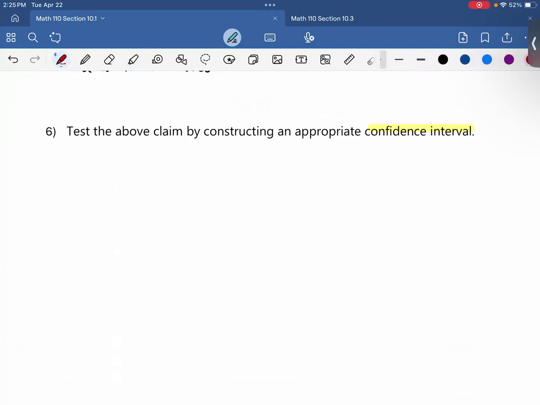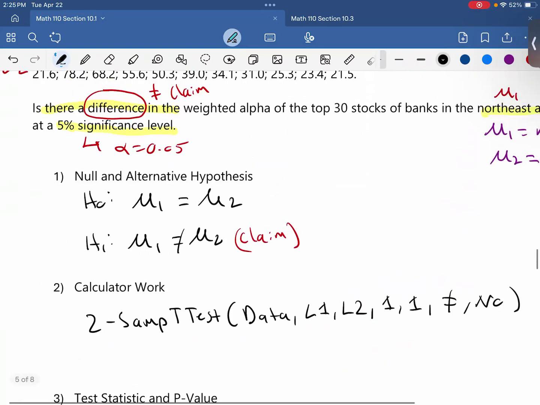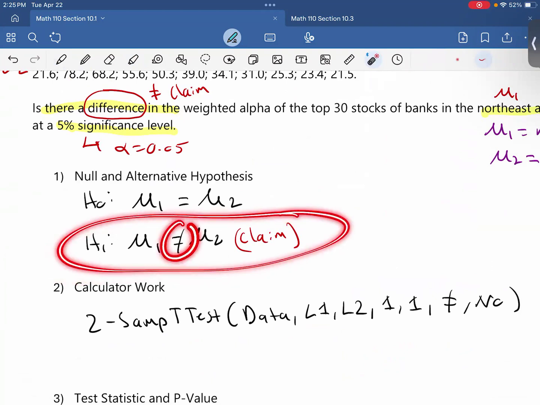So let's go ahead and write that out. So we need a confidence level. What we need to do is look at our alternative hypothesis, that inequality. In our alternative hypothesis, we see that we have a not equal to symbol.